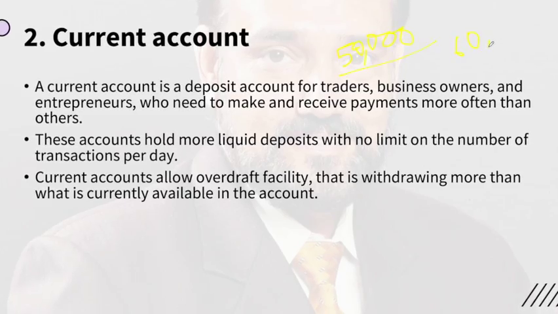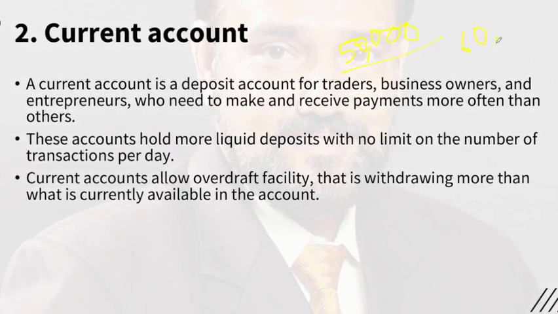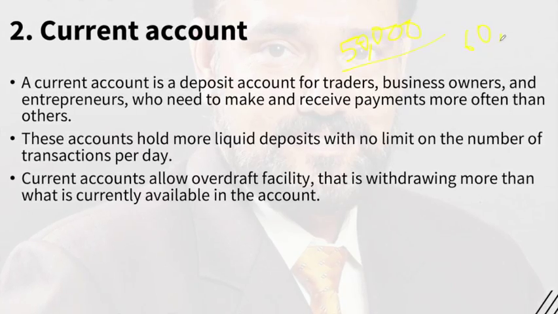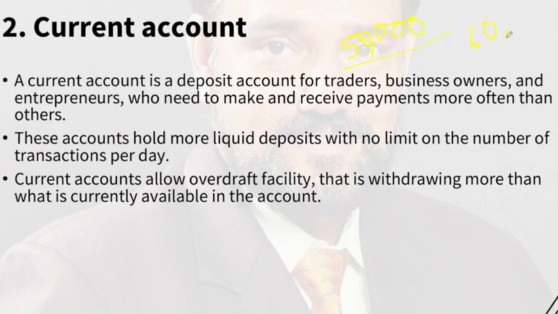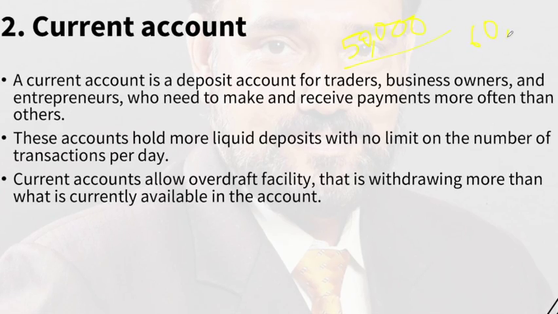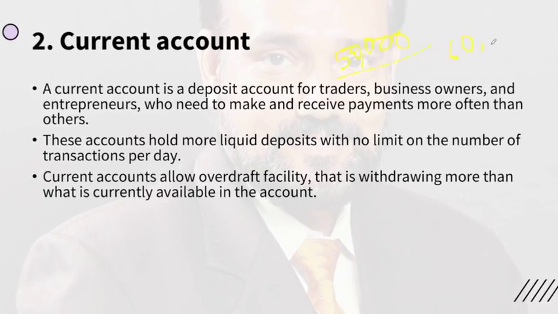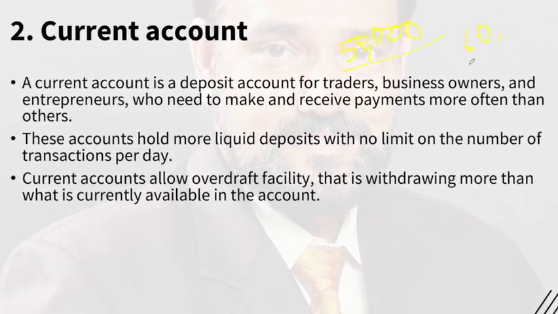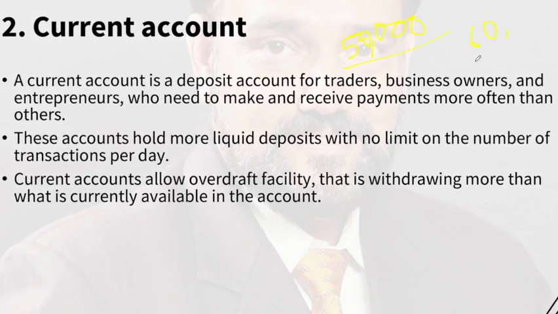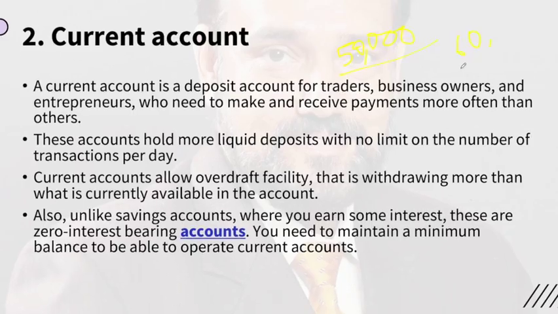But in the case of a current account, if you have been given the overdraft facility, then the bank will make the payment of 60,000 rupees also. And this extra 10,000 which has been paid by the bank would be treated as a loan given to you, and the bank will charge interest on it, correct? And there is a minimum limit also, that this much balance you need to maintain in your account.